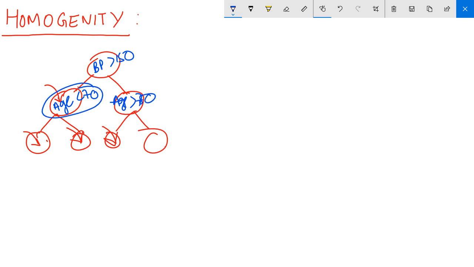So for the value age, we divide into two parts, less than 70 or greater than 70, or maybe between 30 to 40, 40 to 50, or there is a third level, 70 to 90. This is homogeneity. We will be studying how to decide and divide it under homogeneity.